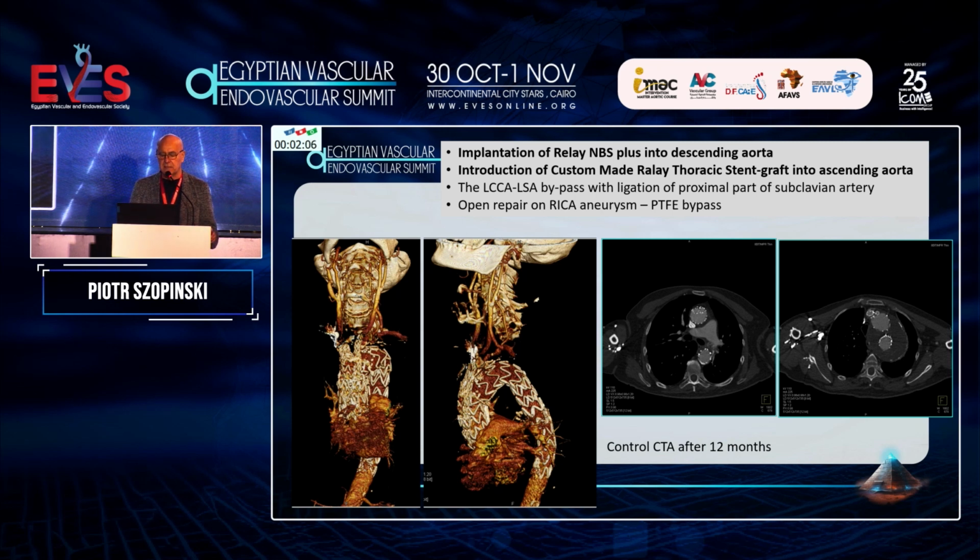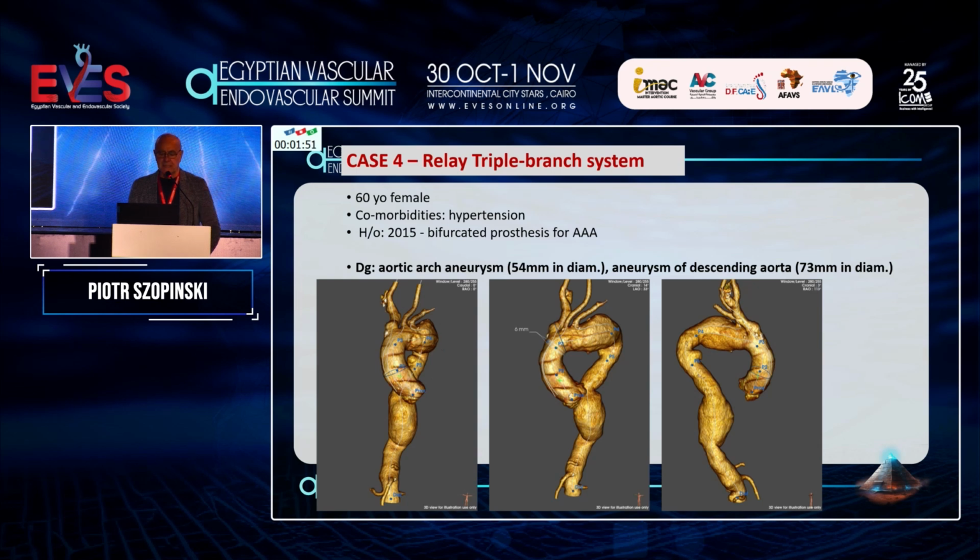At the same time, in open repair, we treated the right internal carotid artery aneurysm, and finally we did a bypass between the left subclavian artery and the left common carotid artery.